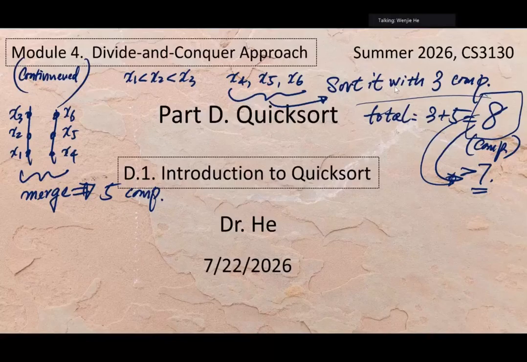Today I spent quite some time to talk about this topic because in your second homework assignment and also the final exam, you have a pretty good chance to see some relatively hard questions. You need to use this method.